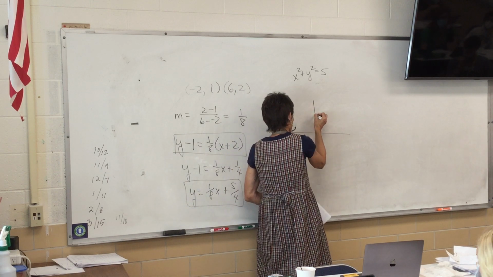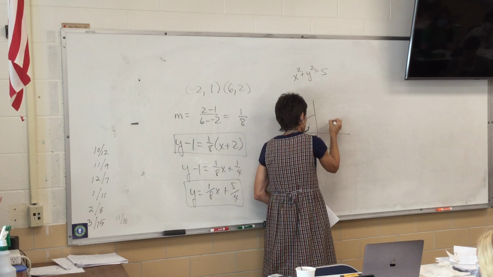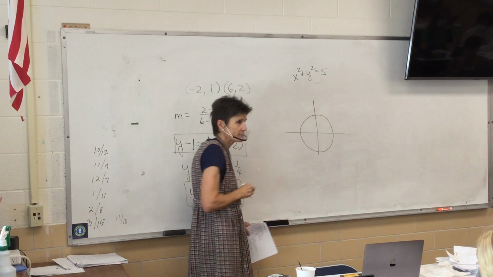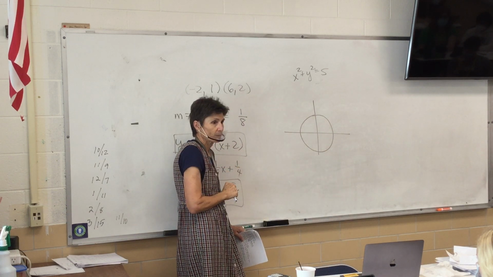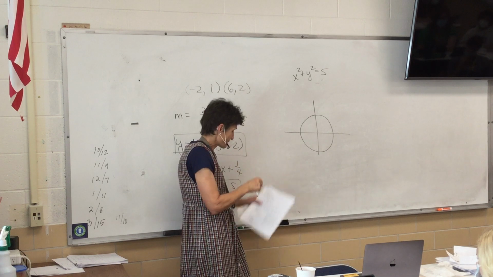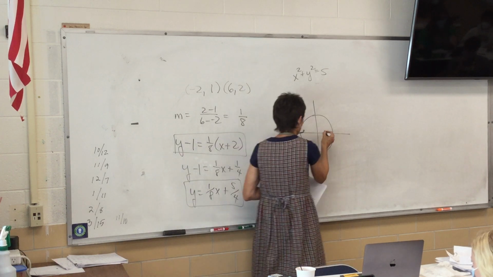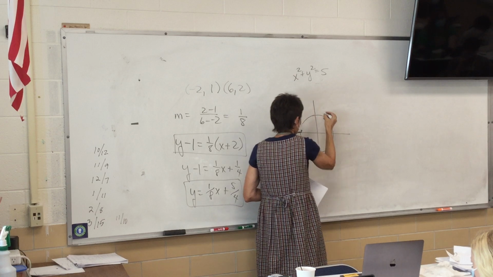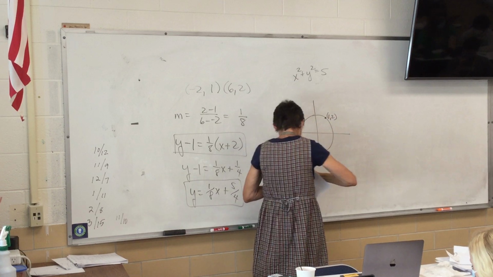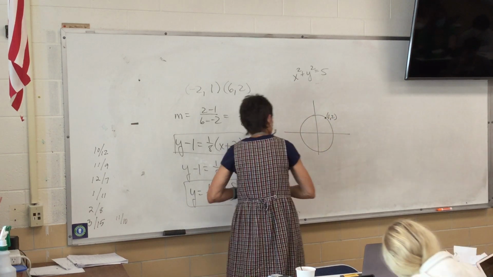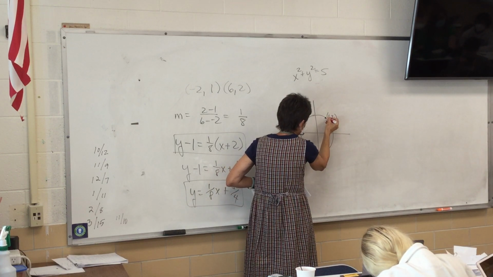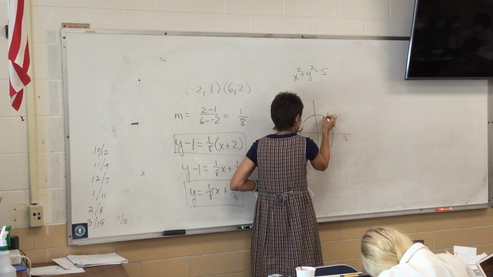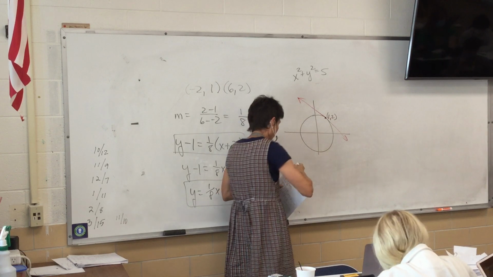So I'm just going to randomly draw the circle, here it is. Square root of 5 is 2 point something, so there we go. Now, on that circle, there is the point 1, 2, and there is a line tangent to the circle at that point.